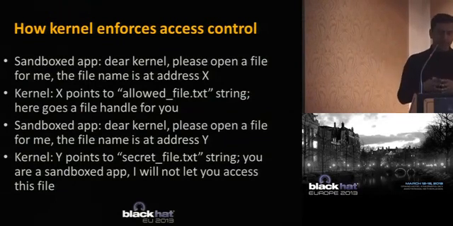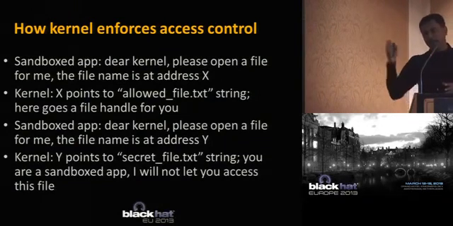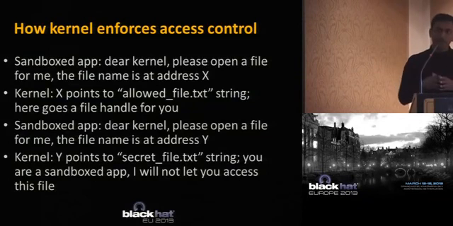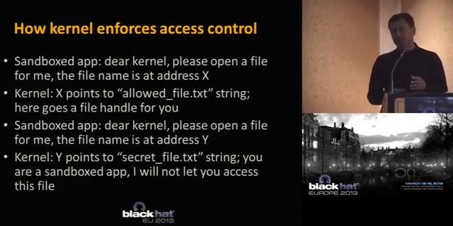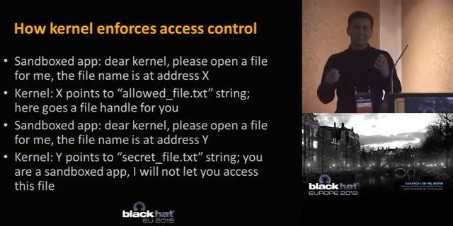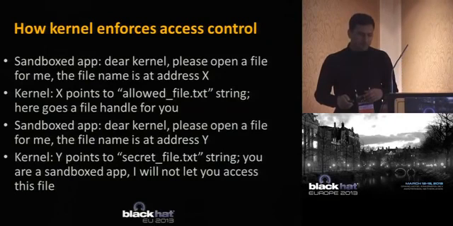Then the sandboxed application says, dear kernel, please open a file for me, and the file is at address Y, and the kernel says, this file is secret.txt, and since you are a sandboxed application, I will not let you access the file. This is how a typical sandbox interacts with the kernel to make decisions.